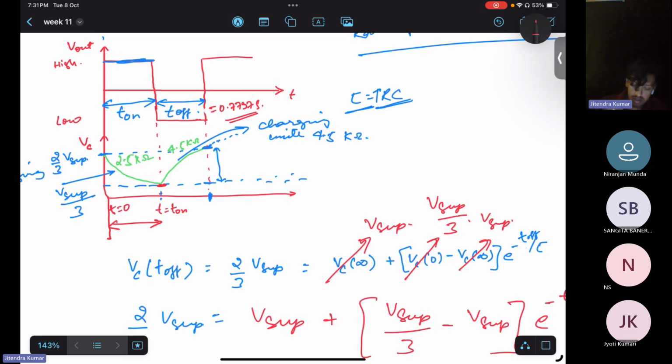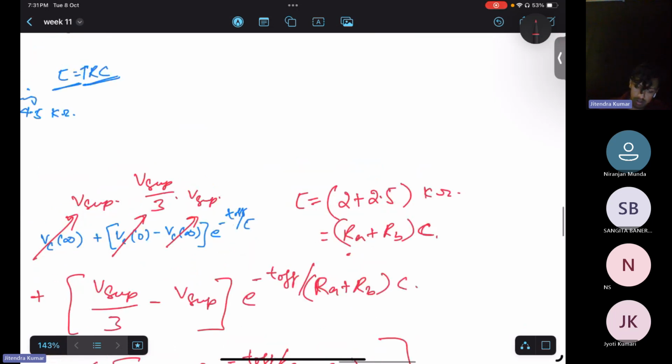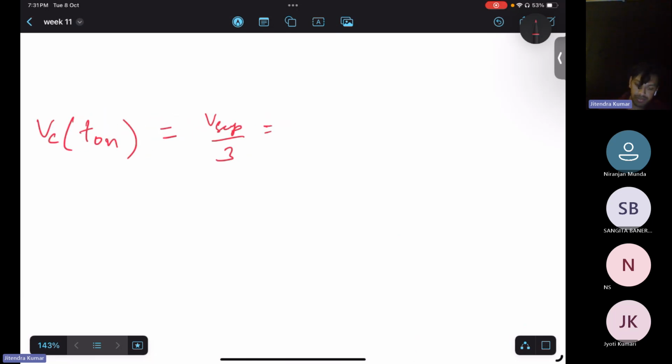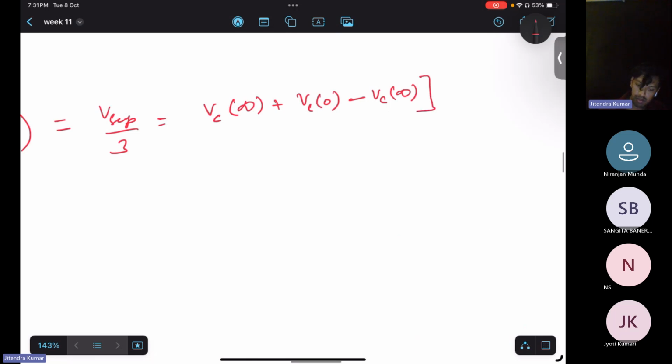Okay, nice. So VC is equal to V supply by 3. Now again, we can equate it with our transient expression: VC infinity plus (VC 0 minus VC infinity) e raised to power minus T on divided by tau.